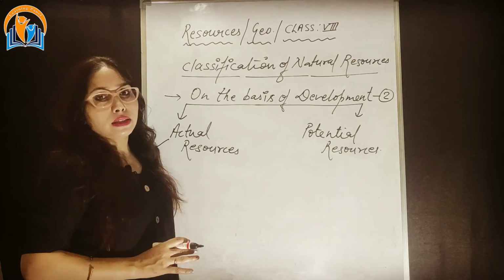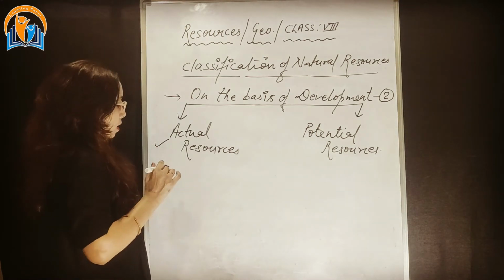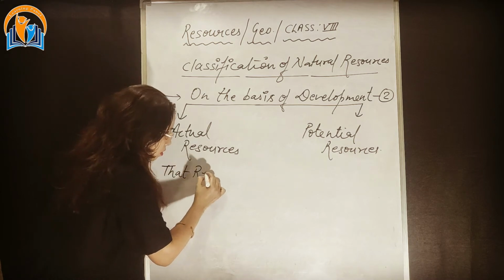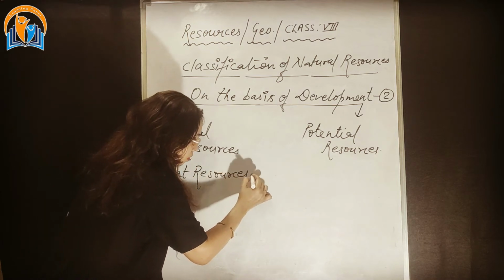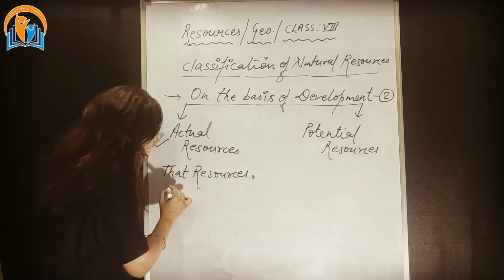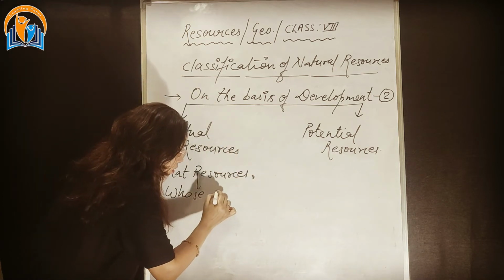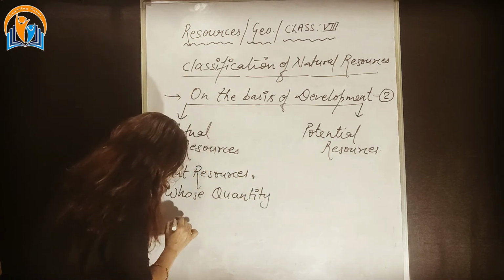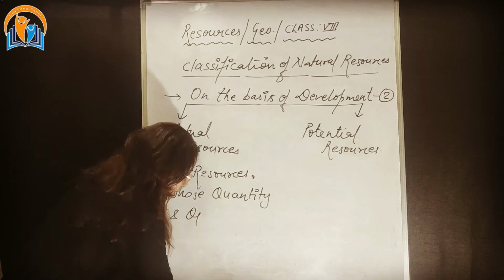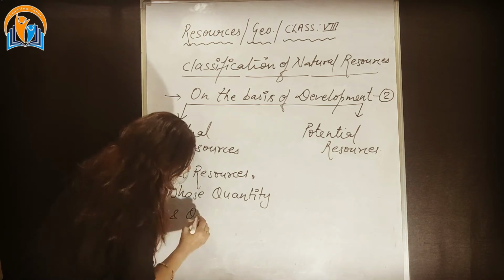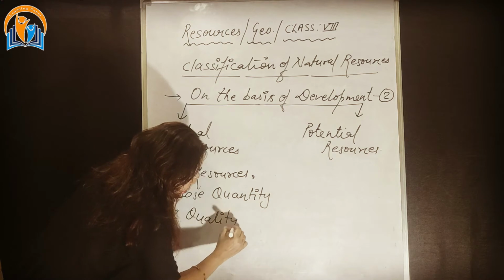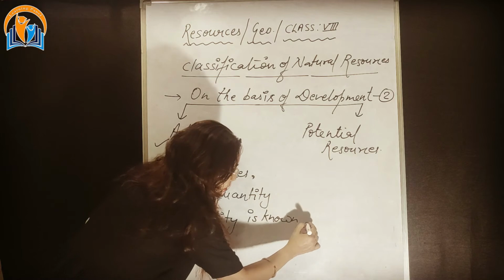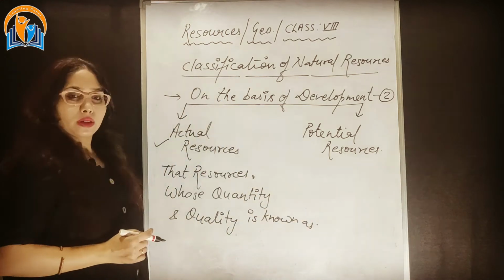In a single sentence, resources whose quantity, and I just wrote here, and quality is known, right?